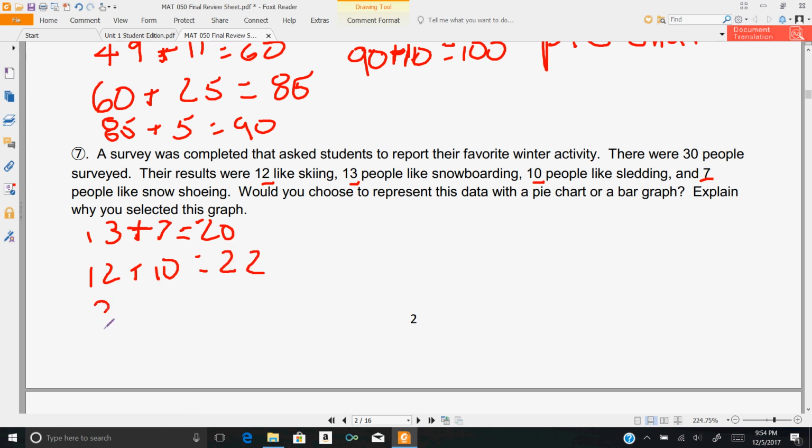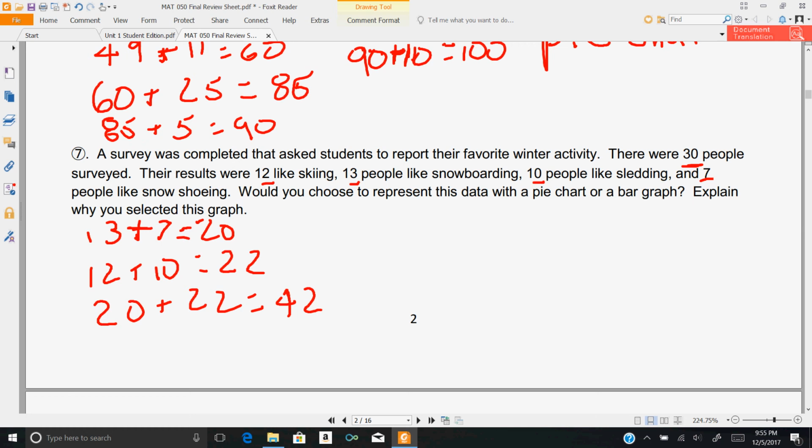When I add those together, I get 42. And we were told that there were only 30 people. So some people had to like more than one thing. As a result, the numbers don't add up to 30, and I'm not going to add up to 100%.